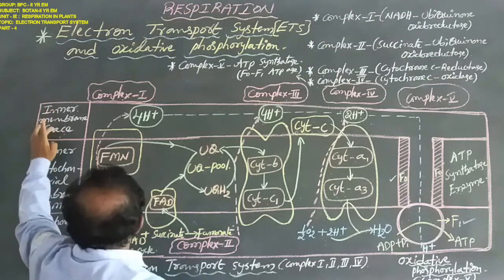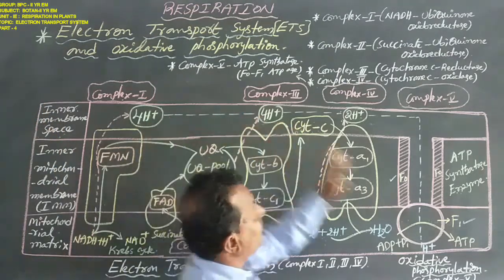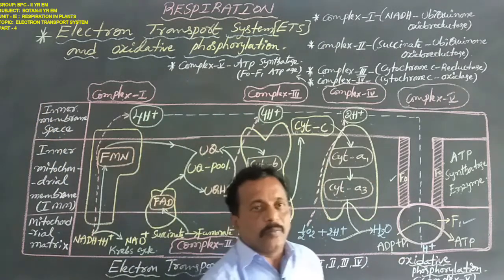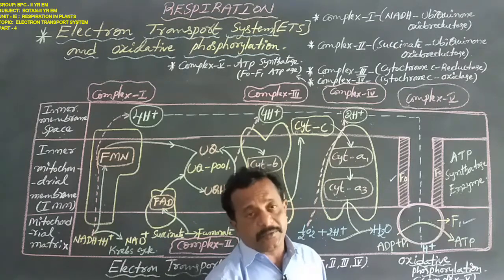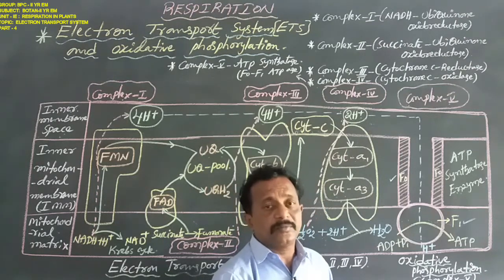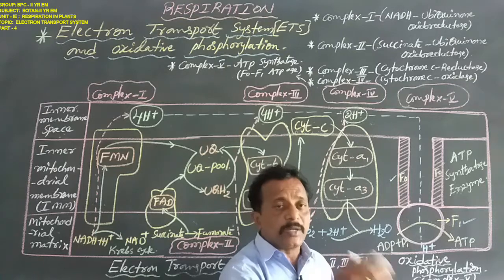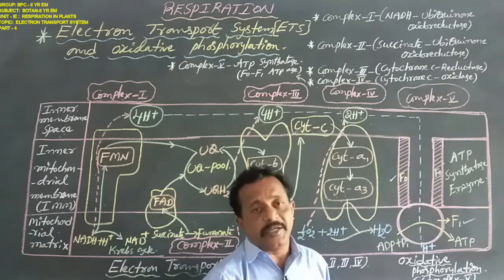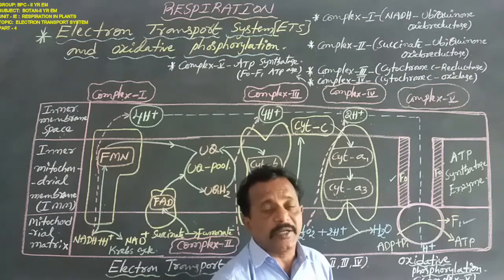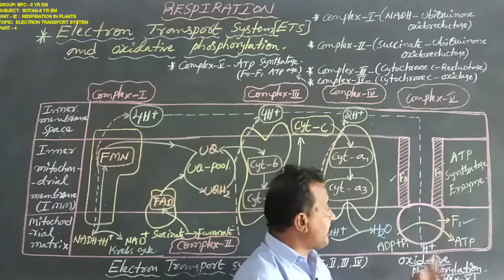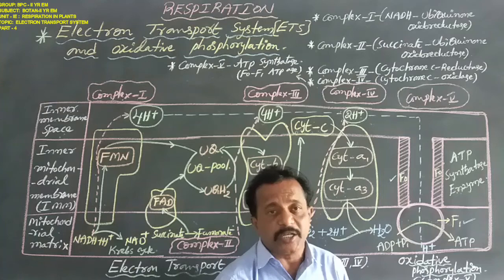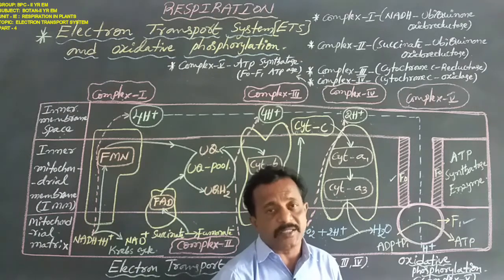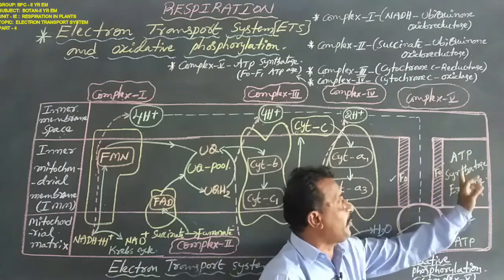At this time, some of the protons move down the concentration gradient to reach the mitochondrial matrix with the help of the ATP synthase enzyme.